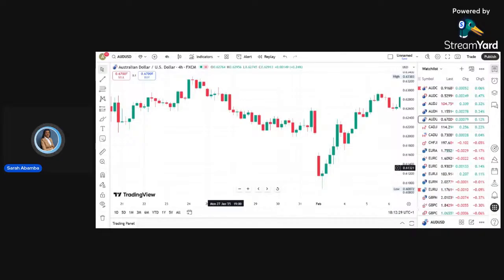So we have learned about the pin bar, the doji, the engulfing, and the star pattern. You are going to give me two charts each on all the candlestick patterns we have taught.